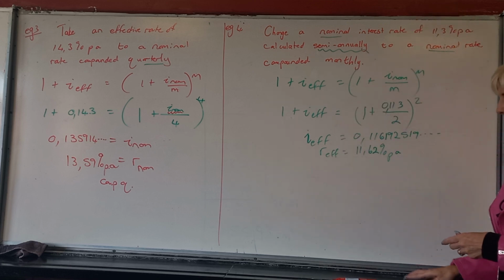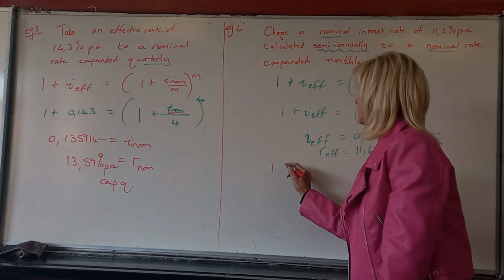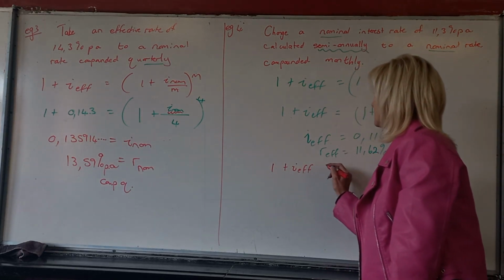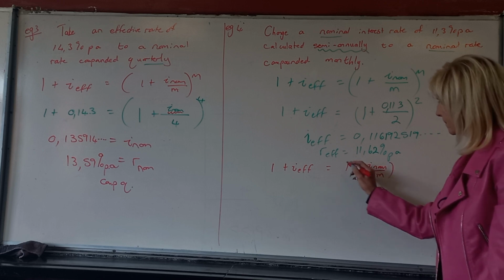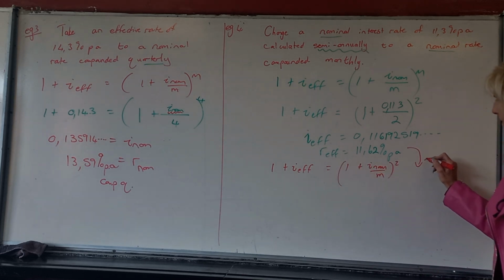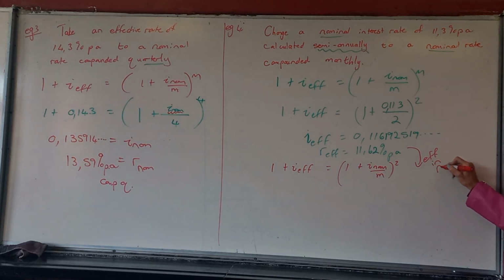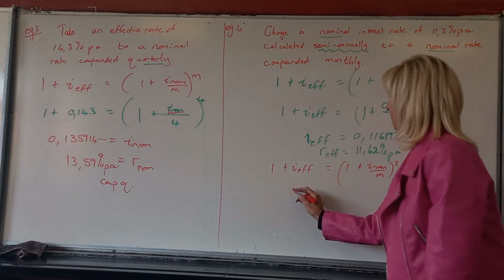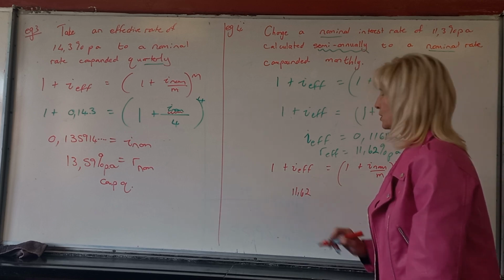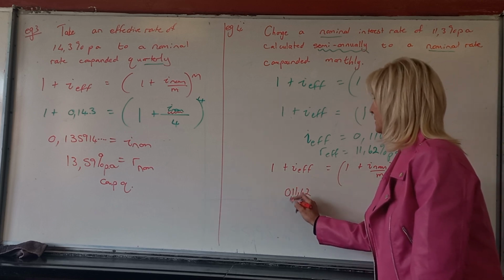So I'll have to do another sum and say, okay, well, let's do it again. Taking this effective one into nominal. Now the effective one was 11,62, which I divide by 100 and I'll get 0, comma.